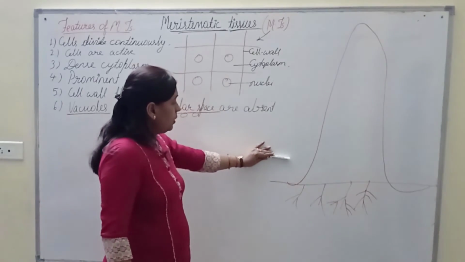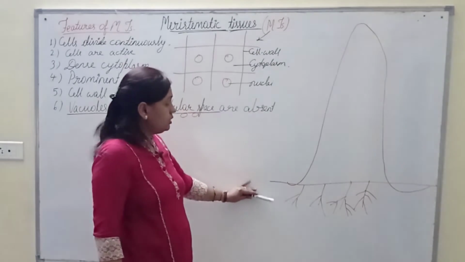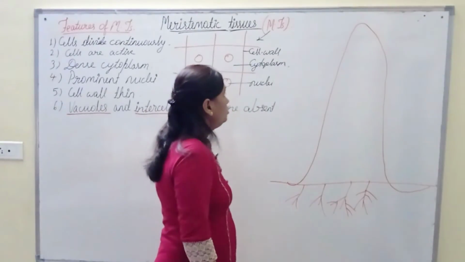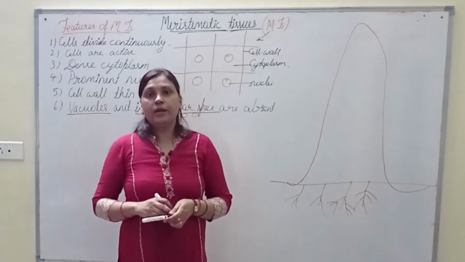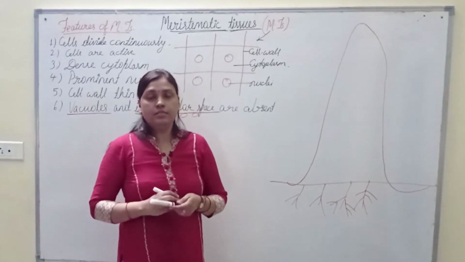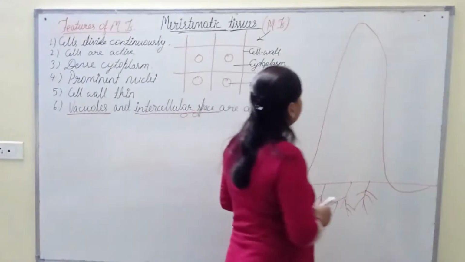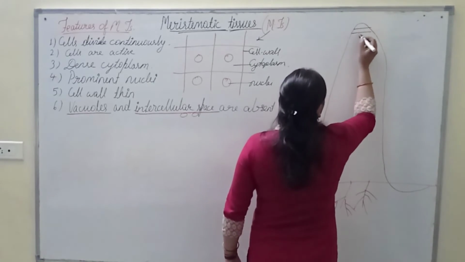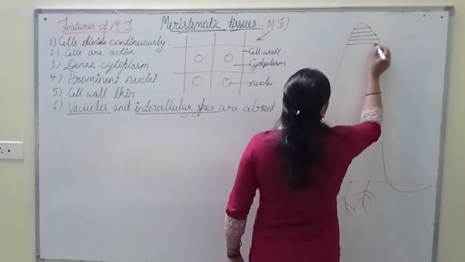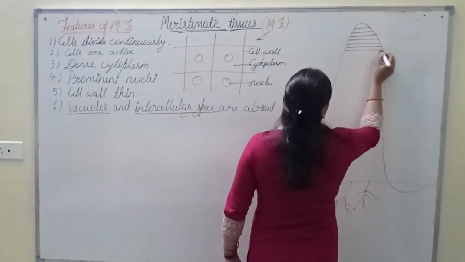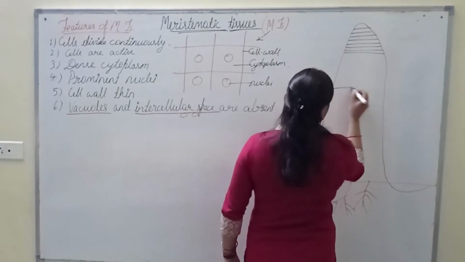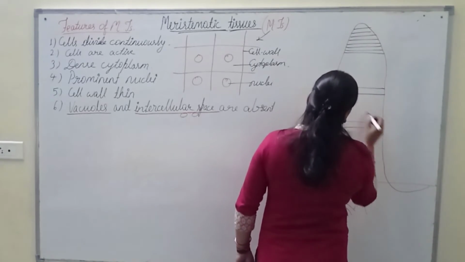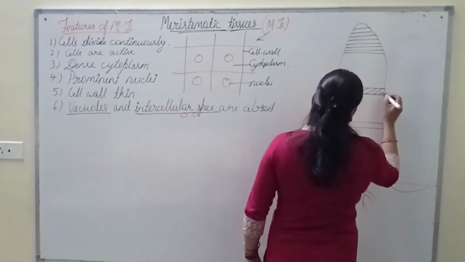The portion of the plant below the ground is called the root system, while the portion above the ground is called the shoot system. The shoot system comprises the stem, leaves, branches, flowers and fruits. This is the top portion of the shoot system, and this is the mid part of the shoot system.